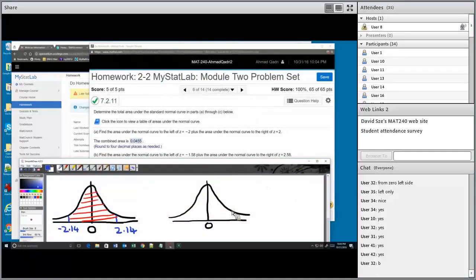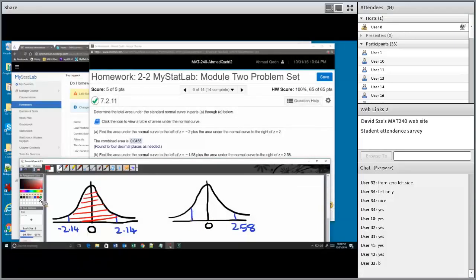So where is 2.58? It is here somewhere, right? And minus 1.58 is somewhere here, but obviously closer to 0 than 2.58. So it's maybe like here somewhere.